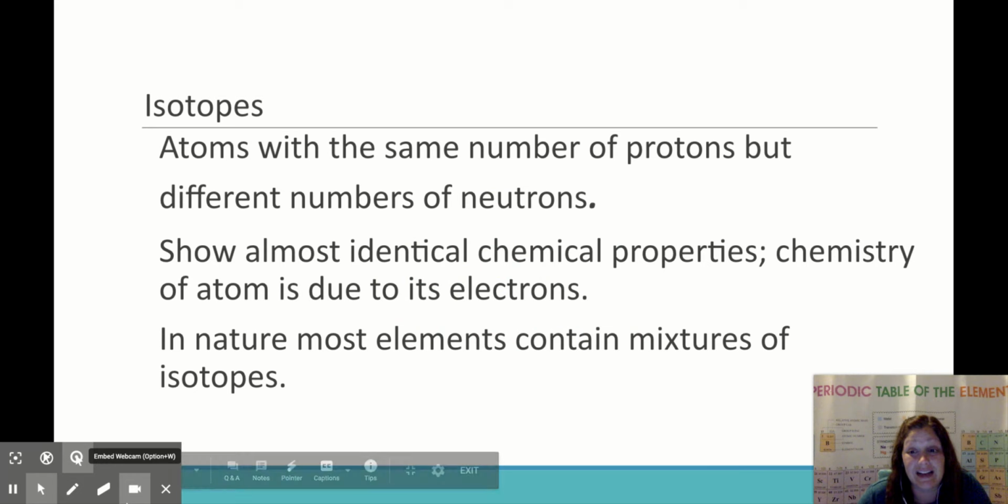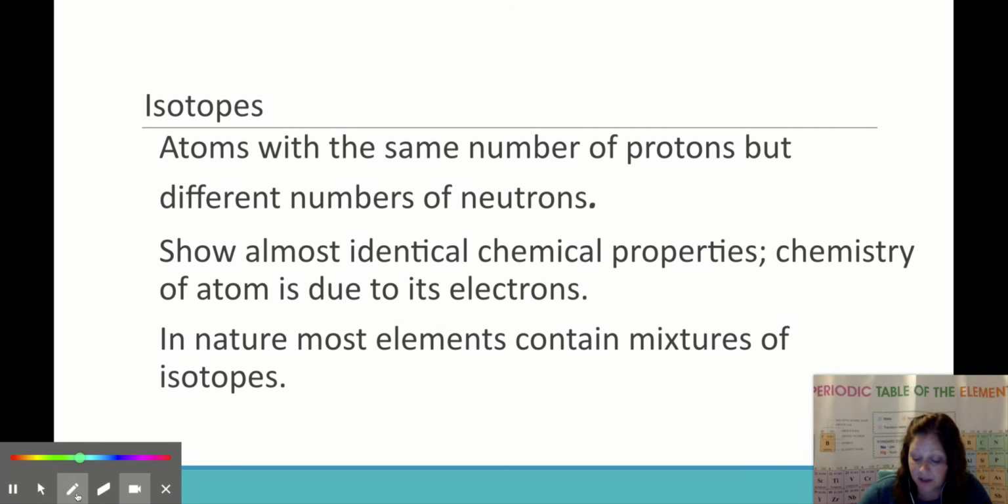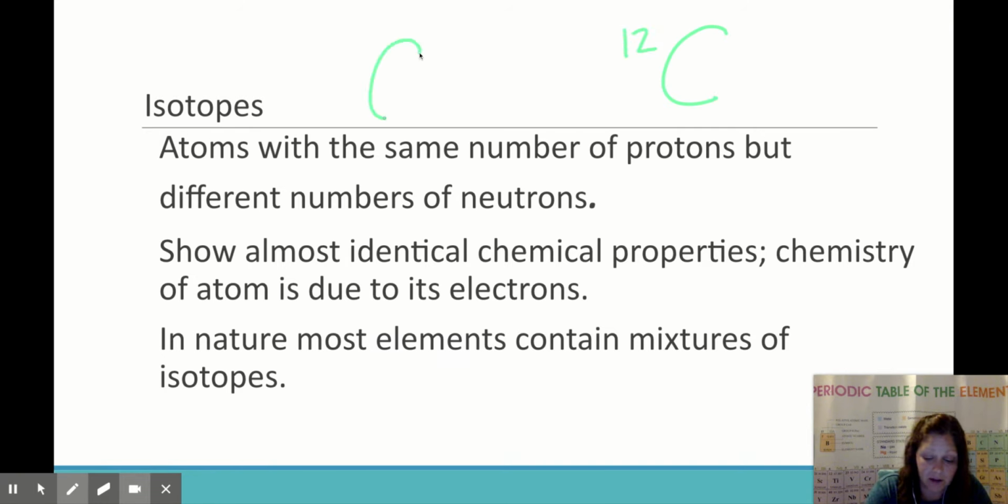We know that isotopes of atoms have the same number of protons but different numbers of neutrons. So for example, if we're talking about carbon 12 and carbon 14, we know that carbon always has the atomic number of 6. You can look on the periodic table. We also know that the atomic number is what defines a specific atom, and so that never changes.